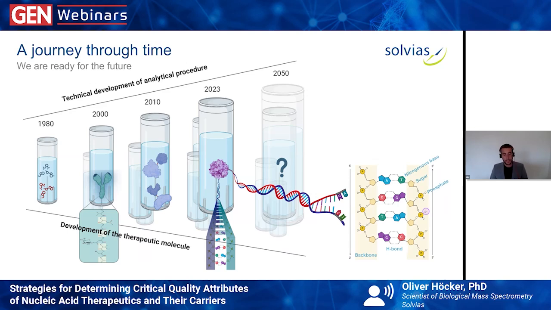And since the COVID pandemic in 2019, COVID-19, the mRNA technology really accelerated nucleic acid therapeutics, and also this forces the analytical tools to become better, and they're really at the limit nowadays. So today I will talk about nucleic acid therapeutics, such as mRNA that is formulated in lipid nanoparticles or adeno-associated viral vectors.